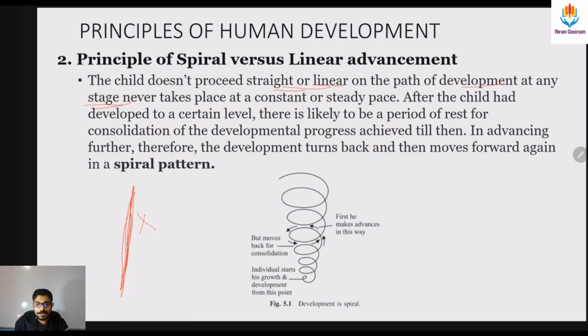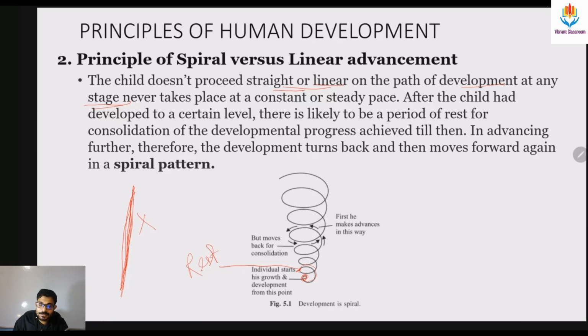After the child has developed to a certain level, there is likely to be a period of rest. Here you look, that is the starting point of both growth and development. In the process of development, there is a point where there is a condition of consolidation. That means an individual takes some rest.